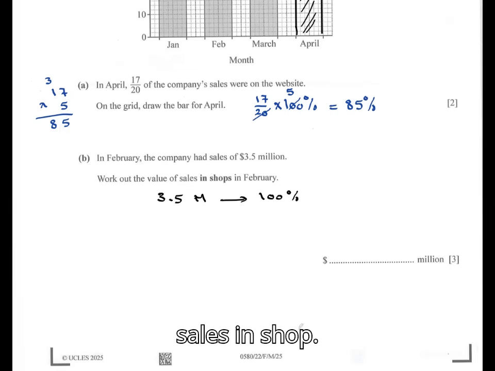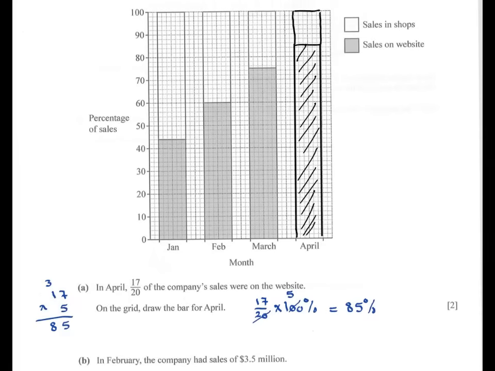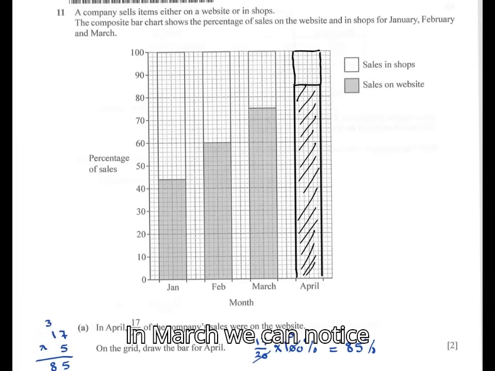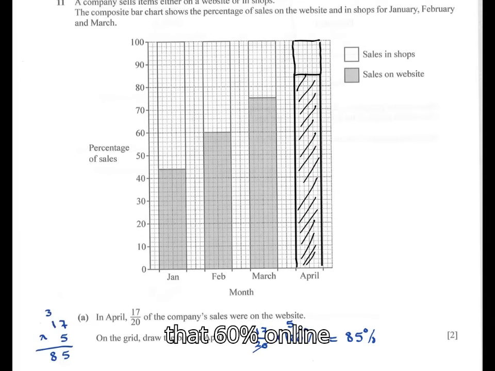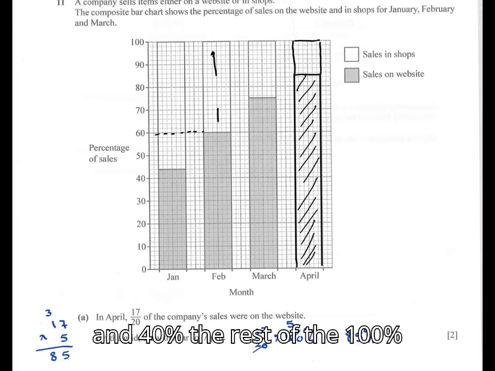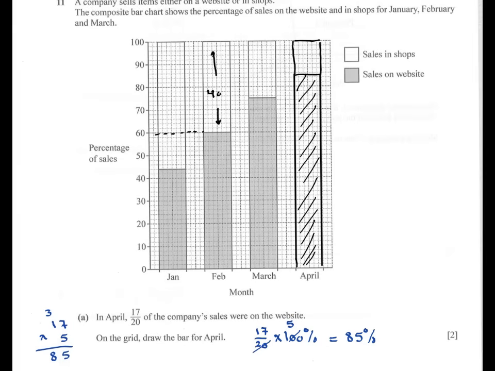Work out the value of sales in shop. In February, we can notice that 60% online and 40%, the rest of the 100%, in shops.